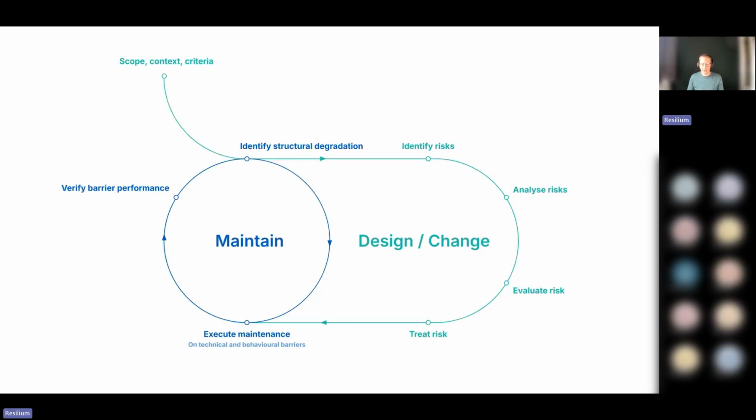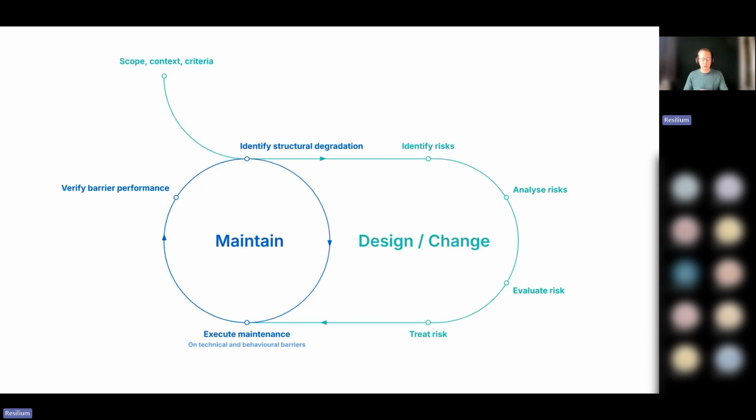So just to tie it back, we have the normal risk analysis process with the bow ties, and then we do this maintaining process by just having checks on the barriers directly.